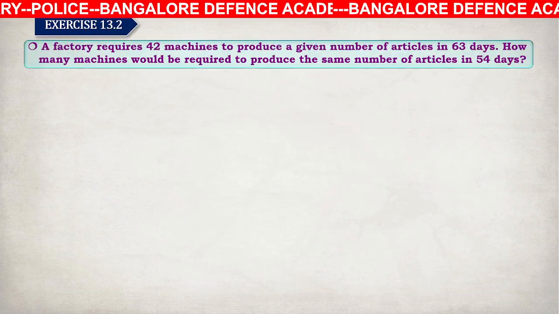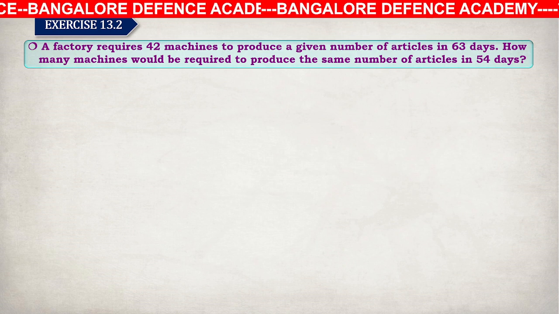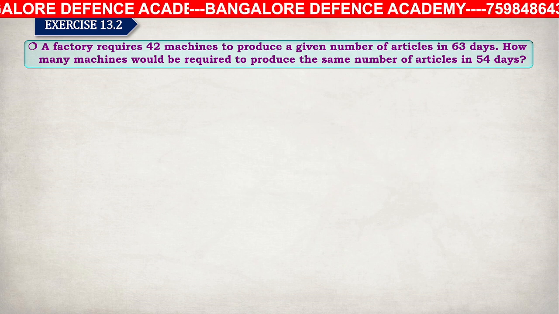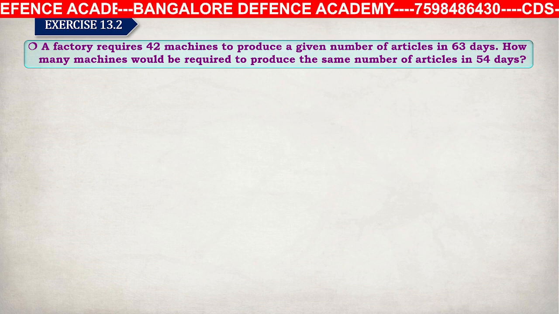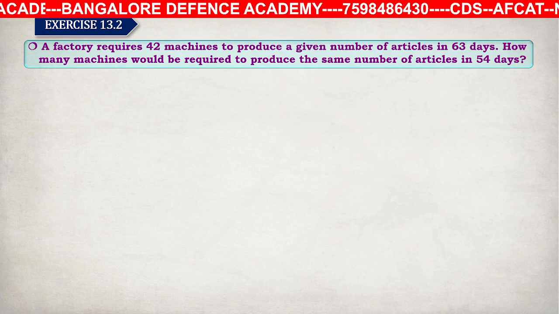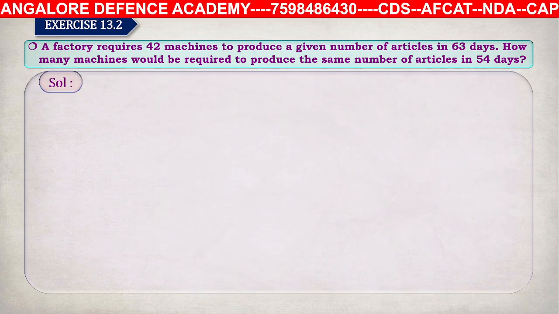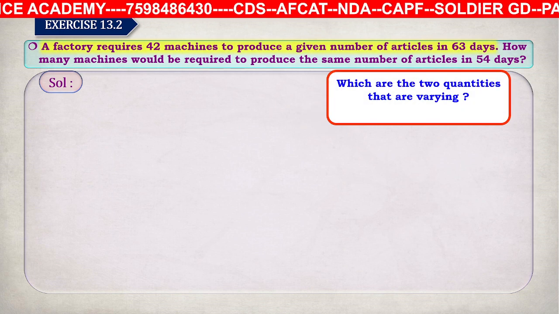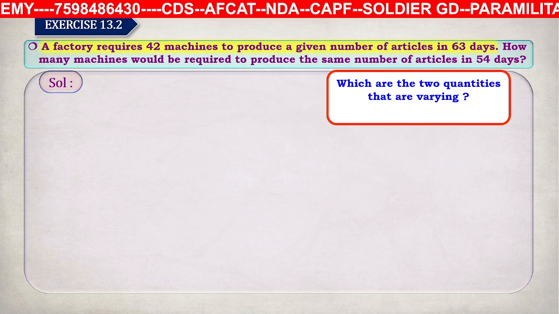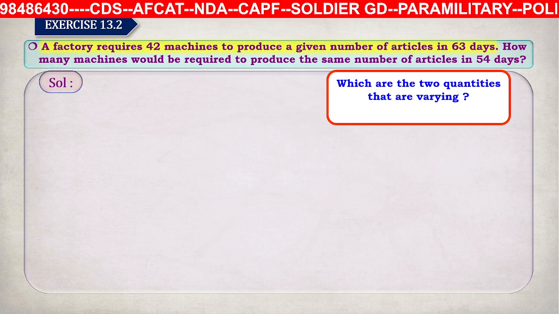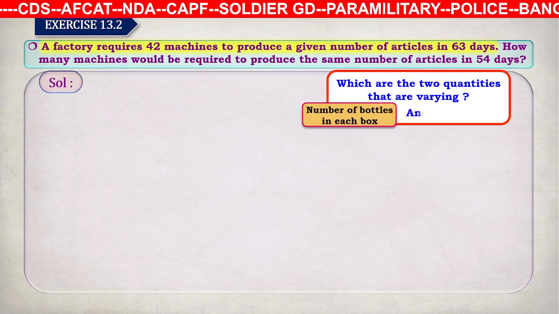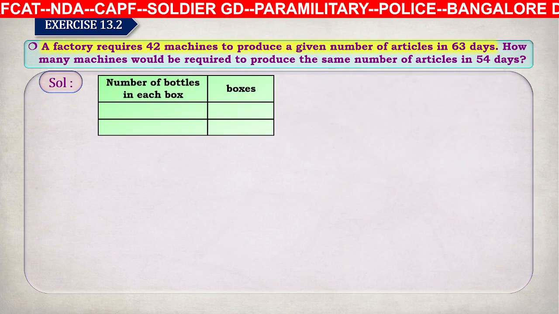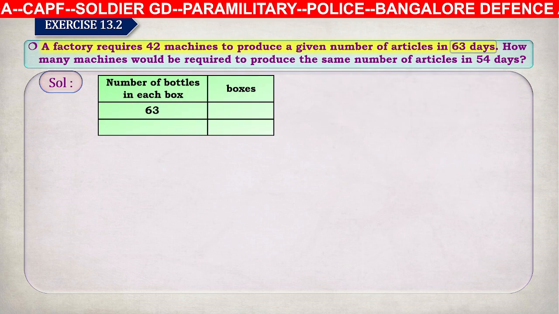Next. A factory requires 42 machines to produce a given number of articles in 63 days. How many machines would be required to produce the same number of articles in 54 days? So now 42 machines are required for 63 days. I'm comparing machines and number of days. Actually, this is a wrong tabular column.